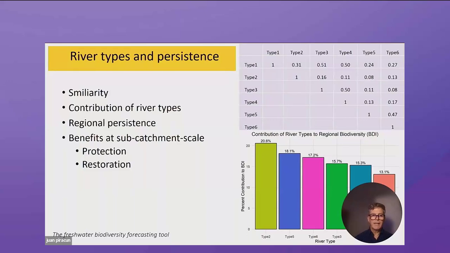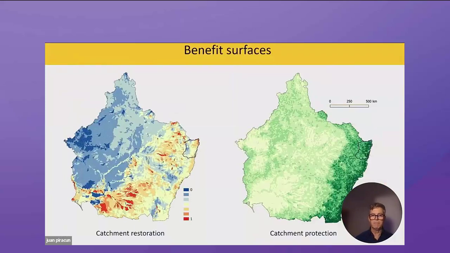So we have two scenarios, one in which we degrade the river condition at each site and then calculate the regional biodiversity and rank all subcatchments in terms of their relative contribution to regional biodiversity.